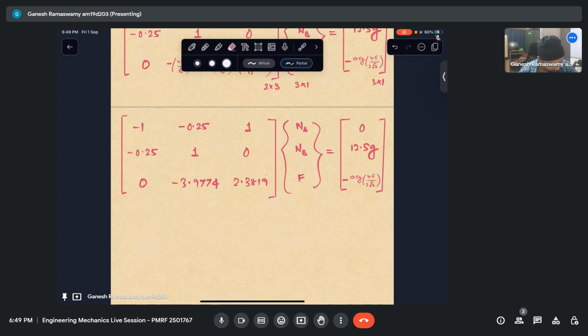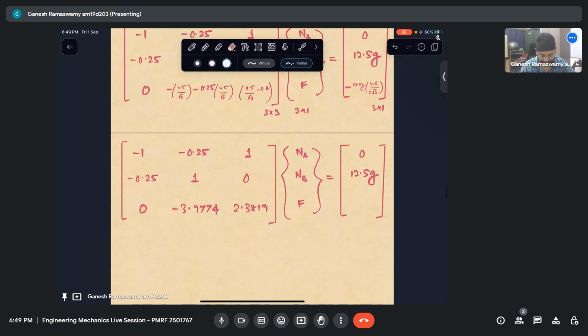12.5 g into 4.5 by 2 root 2. 12.5 into 9.81 is, with 4.5 by 2, so this comes out to be, just replace this with the actual value, which is 122.625.